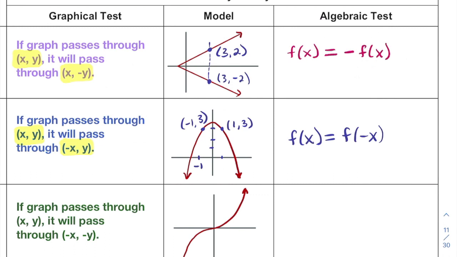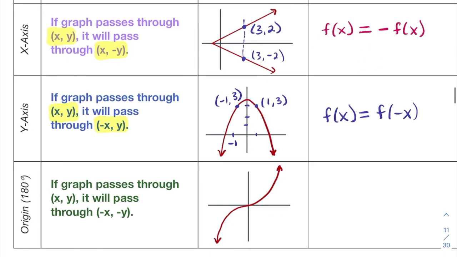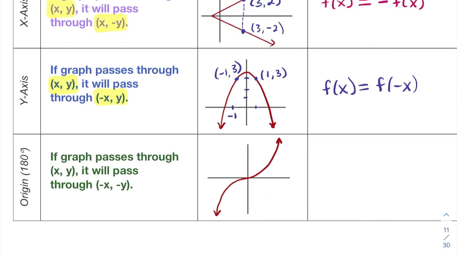So remember when I asked you to evaluate something like f of 3x, or f of 1 minus 2a, we are going to put a negative in every parenthesis with the x and then simplify it out. If it's symmetrical across the y-axis, the end result equation will be the same as the original equation that we were given.